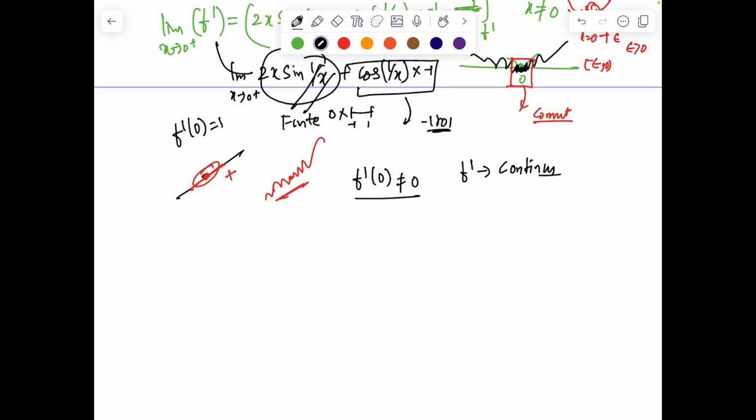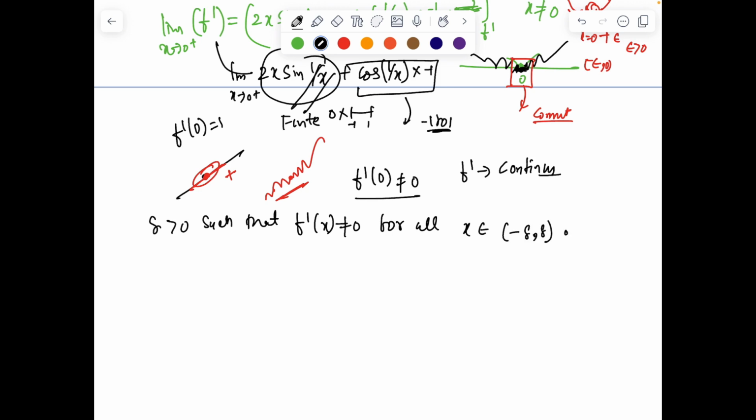So now from the continuity we know there is some delta greater than 0 such that f dash x is non-zero for all x belonging to minus delta to delta.